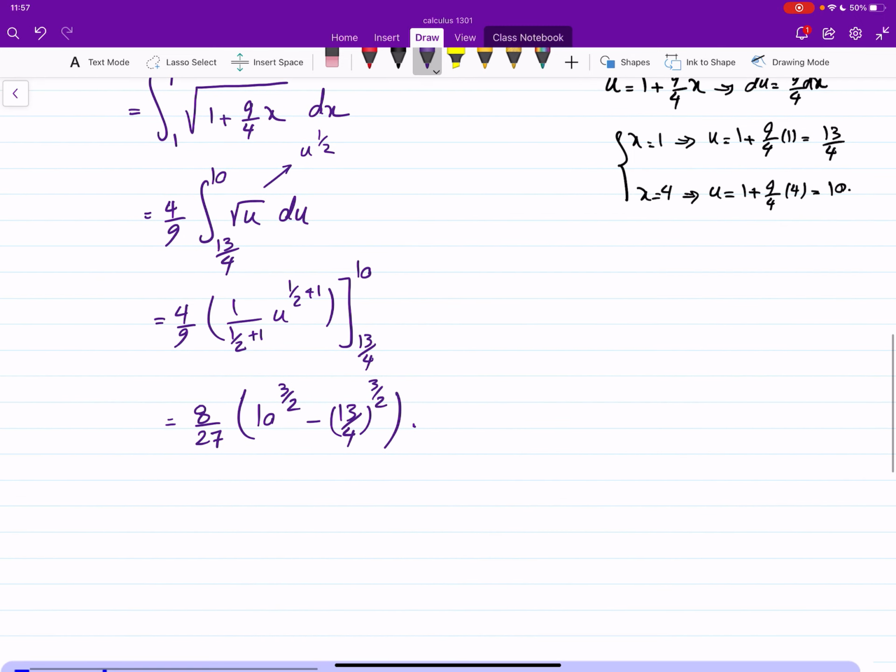Remark: sometimes the curve is given in terms of x in terms of y. So the arc length of a curve, before, y equal to f of x.